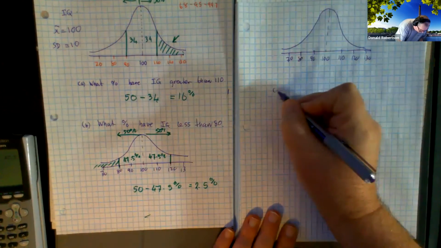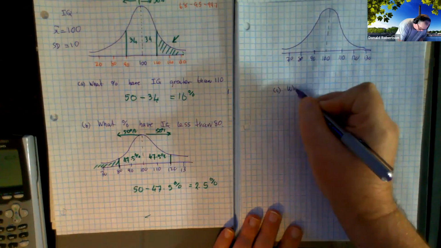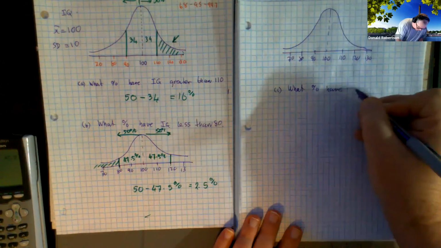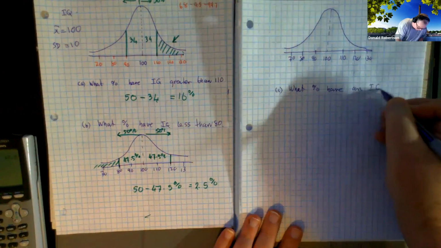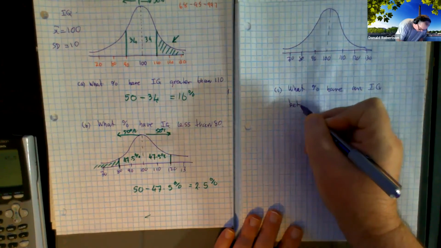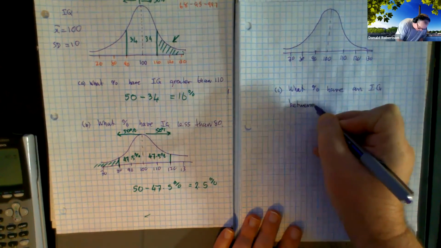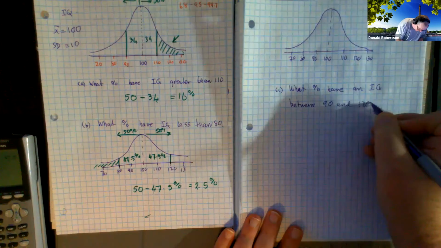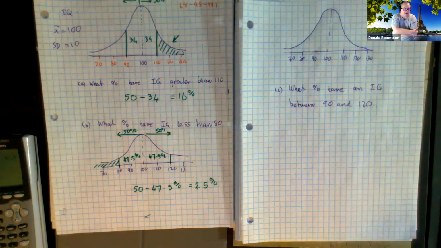And for question C, what percentage of adults have an IQ between 90 and 120? That's going to be the hardest of the 3 to do, right?